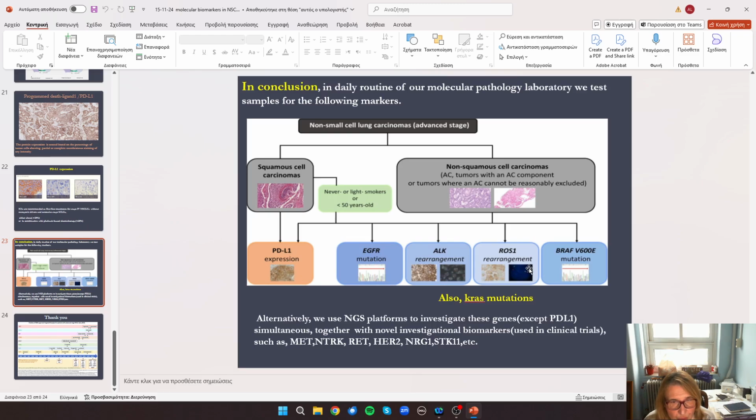Here we use molecular techniques, and here immunohistochemistry.